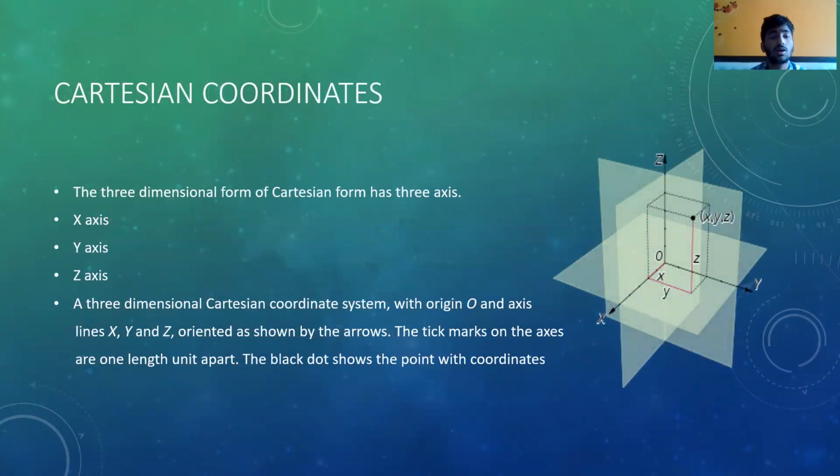The three-dimensional form of the Cartesian coordinate system has three axes: the x-axis, the y-axis, and the z-axis.